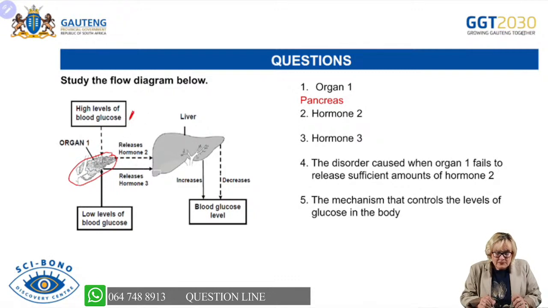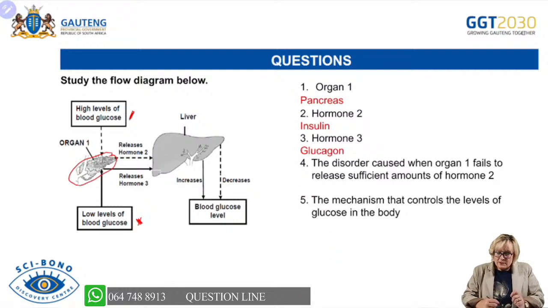Which hormone will be released by the pancreas? A high level is insulin. All right, so that is insulin. And then number 3, and that's the solid line: if low levels of blood glucose are detected, what is going to happen? Which hormone is going to bring back the glucose levels? It is glucagon that is secreted.